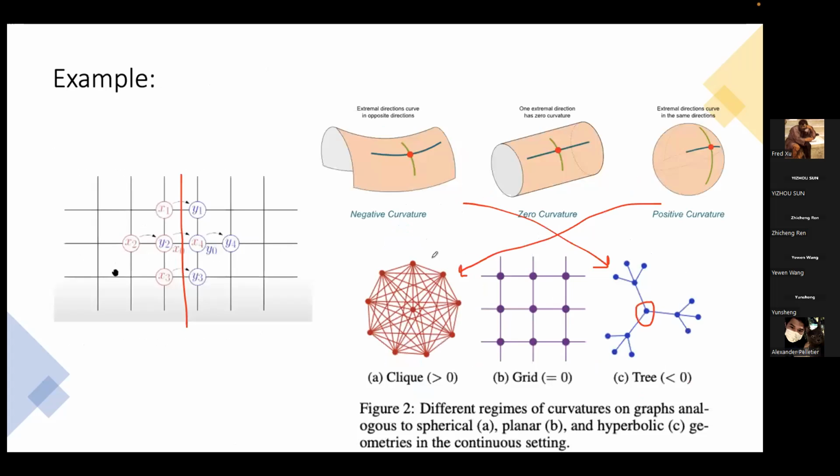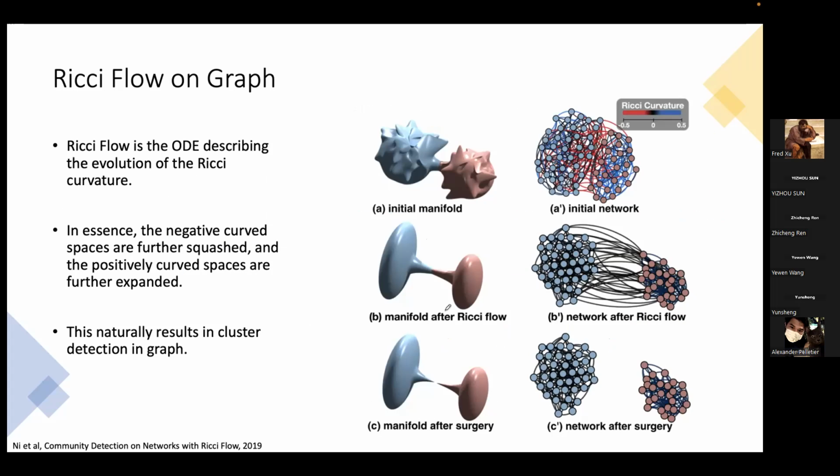You can see that positively curved parts are these fully connected ones, and the negative ones are the links in between. So if you have a community graph with different communities, if you apply Ricci flow, you get a very natural way to do community detection. This is actually a paper in 2019 that used Ricci flow to do community detection.